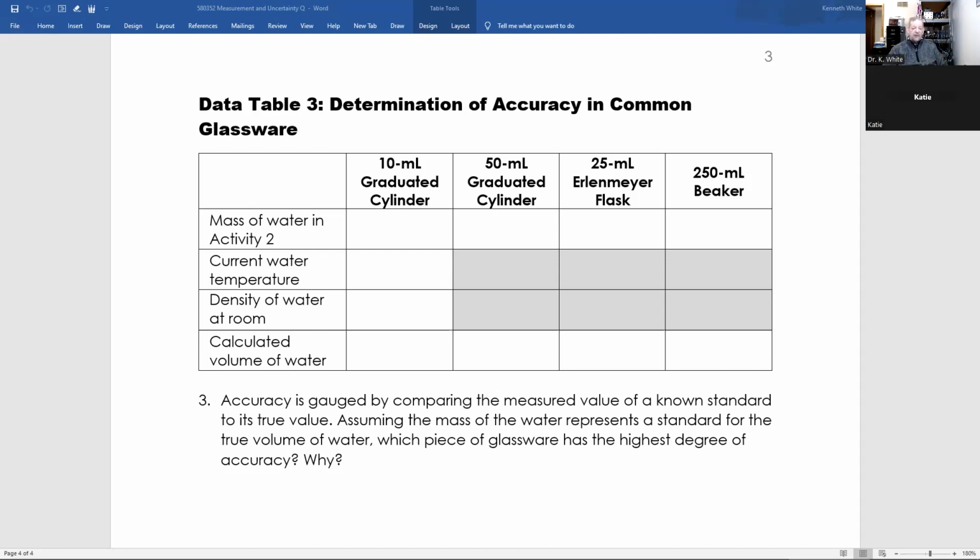I look at 24, come over to the 0.5, and 0.9972. This is the density of water you would use. Now, for your room, it's going to be different depending on the temperature. Again, thermometer, you should be able to get 3 significant figures.